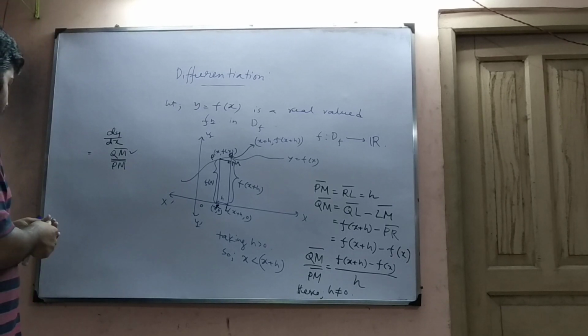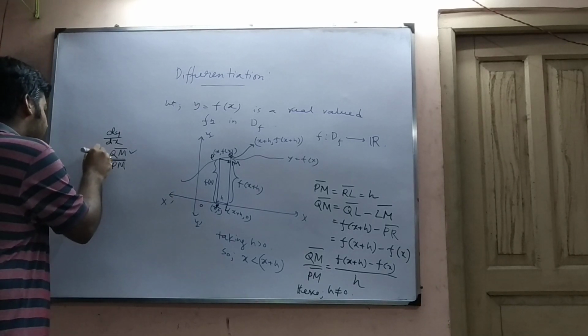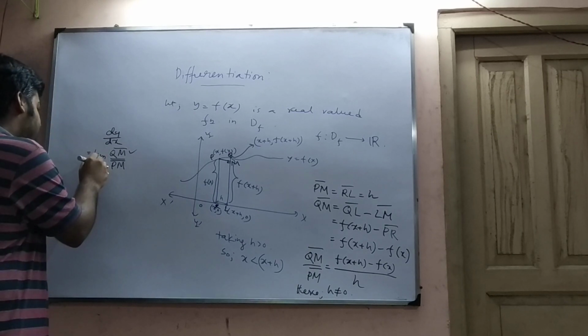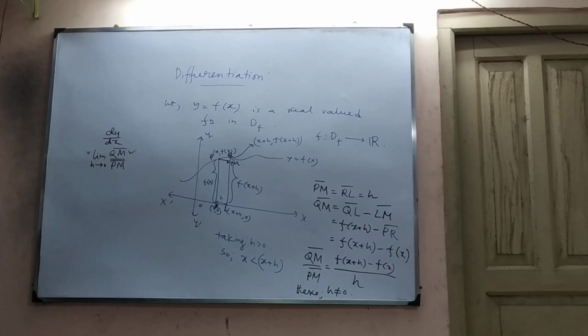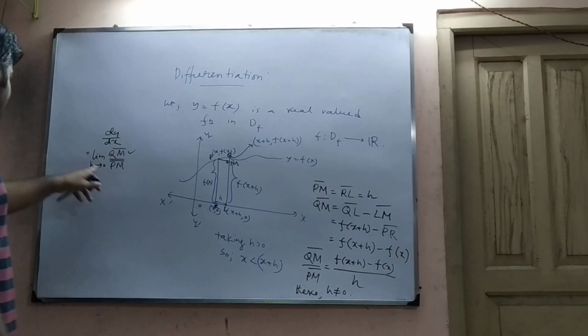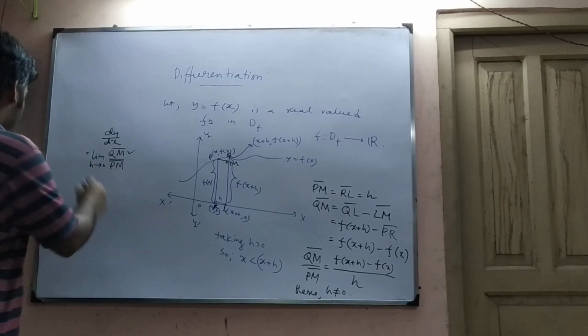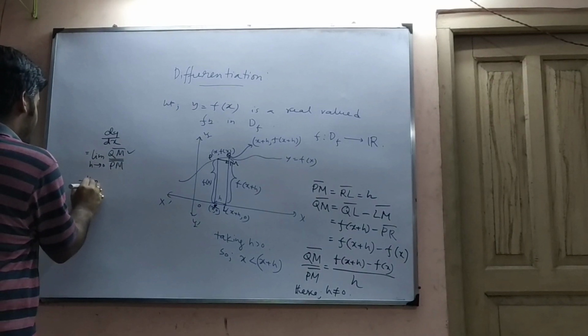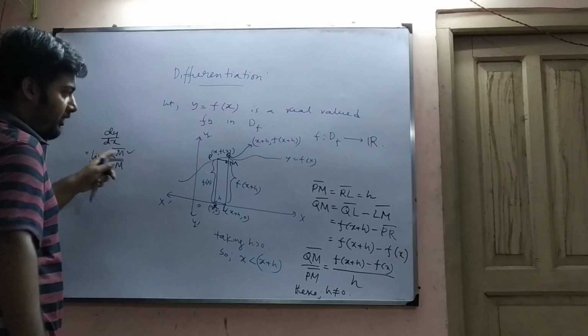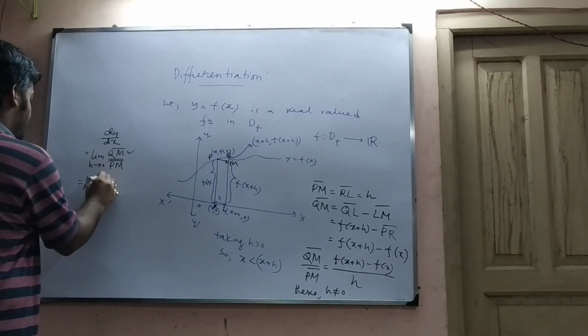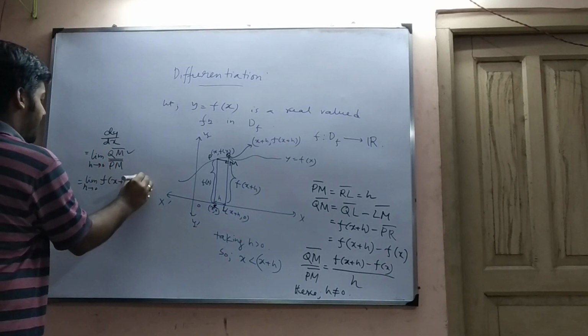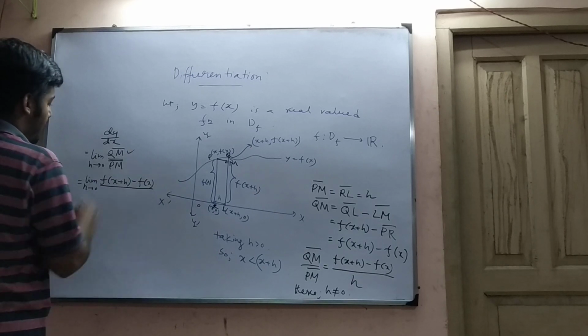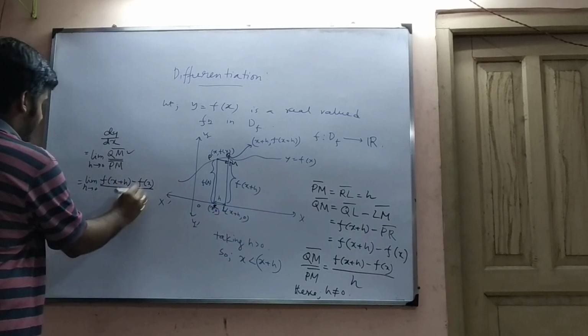That's why I will take the limit h tends to 0, because h is very small and h not equal to 0. So h must tend to 0. So what you get? Limit h tends to 0, QM is nothing but f(x plus h) minus f(x), by PM is nothing but h.